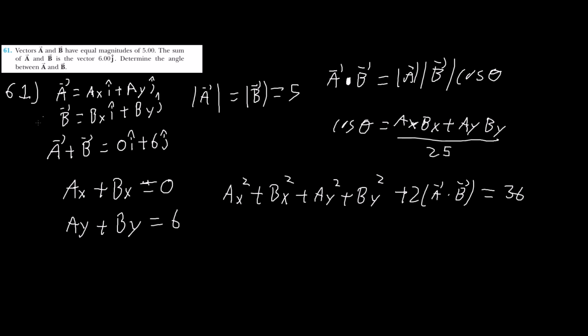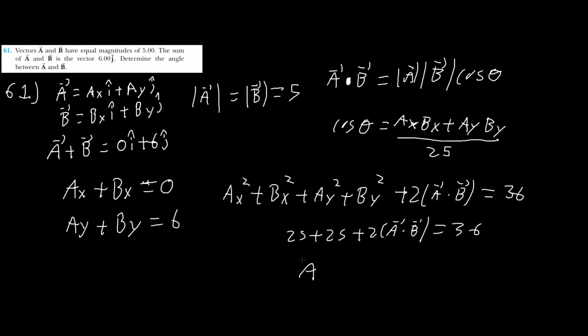Once you take this magnitude and work it out and rearrange it, you'll be able to see the dot product from here to here. I know the order messed up when I wrote this, but AX squared plus AY squared is going to be 25, plus an extra 25 for the other magnitude, plus 2 of the A dot B, which is 36.